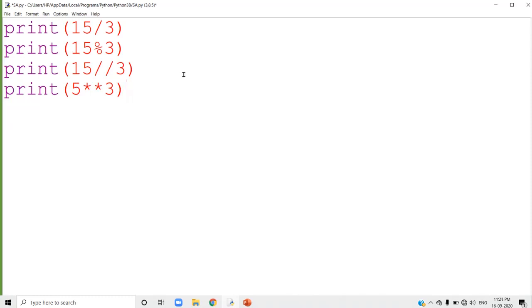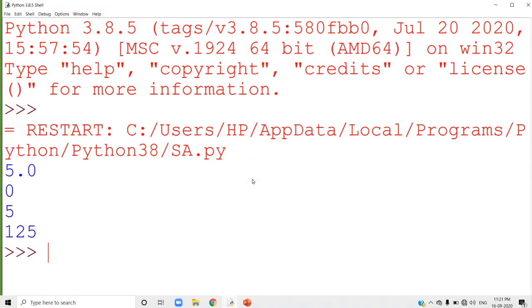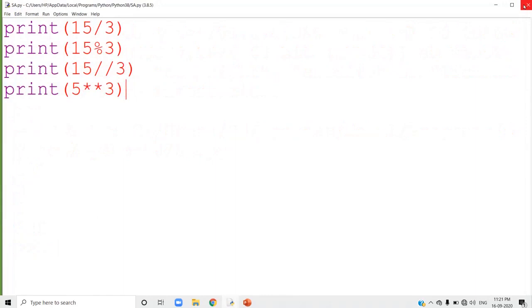It is not 5 into 3, it is 5 raised to 3. See the answer? The answer will be 125. Now this is your exponentiation operation. Exponentiation operation is 5 raised to 3.